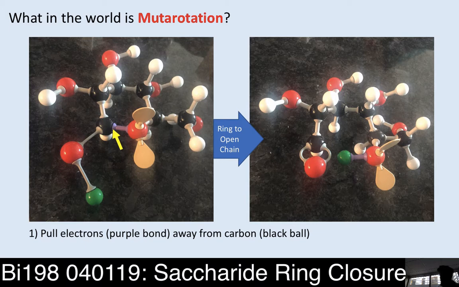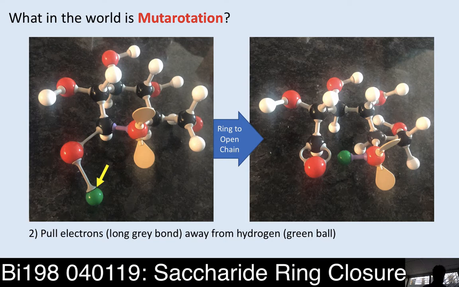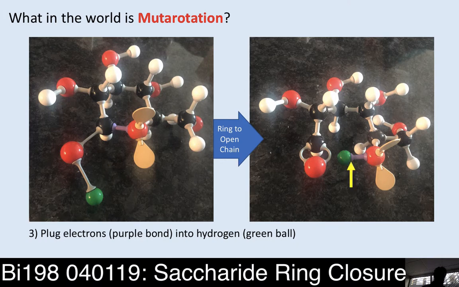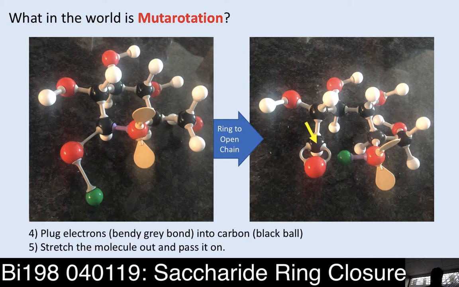Oh, he's going for it already. You did it. Okay, great. Well, so you pull the electrons, the long gray bond away from the hydrogen and the green ball. All right. Next step, you plug the electrons, the purple bond, into the green ball. And then you plug the bendy bond that's still hanging off that oxygen into the hole that's left in the carbon.